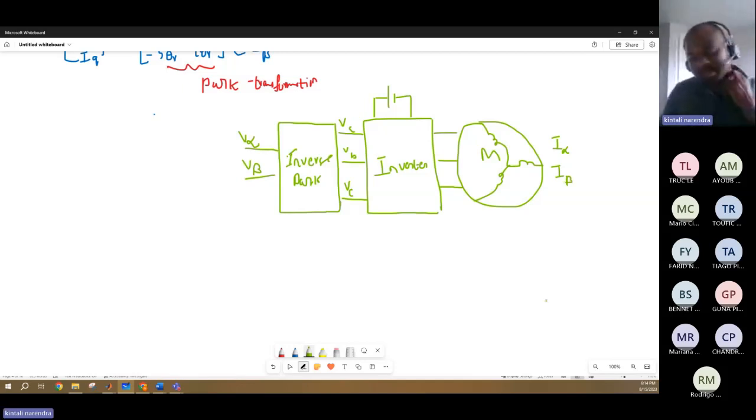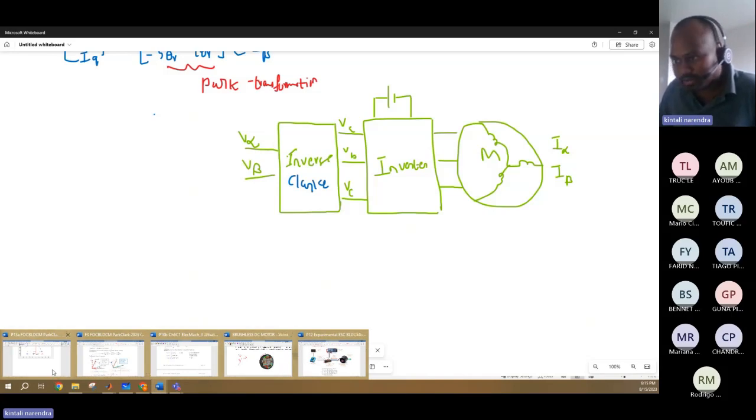Guys, are you clear with this one? I am not. Shouldn't the V alpha and V beta be the output of the inverse Clark transformation, not Park? No, you're giving V alpha and V beta as input.